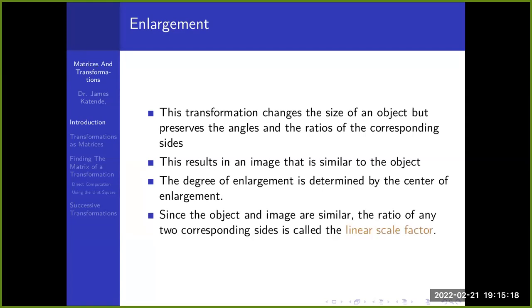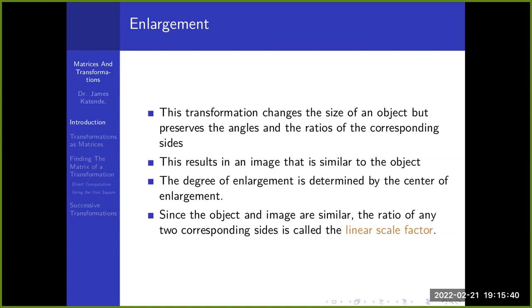Again, you will also need the center to perform this. So the two things that you will need are the center and the linear scale factor, or the enlargement factor, to be able to perform this operation. So once you determine the center and the scale factor, then you're able to perform the operation.